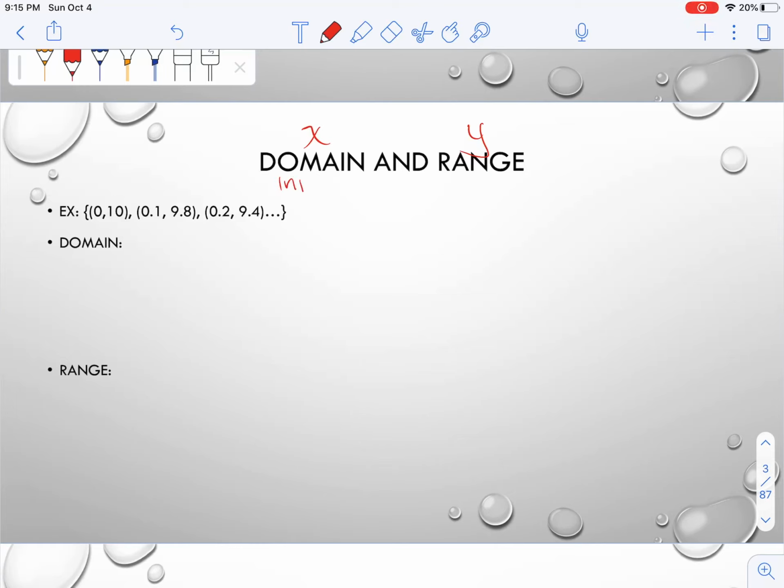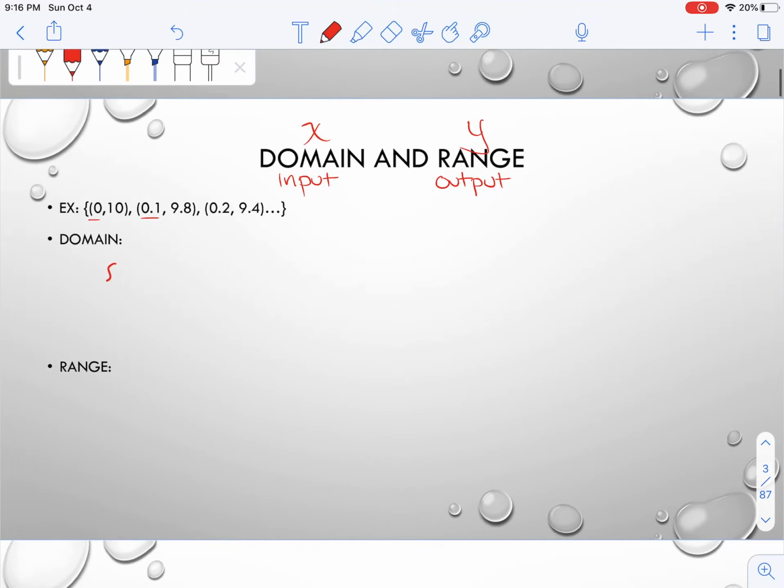Okay. So when we are looking at a set of ordered pairs like we have here, looking at the x values, for example, since I have explicit pairs written, I can't necessarily assume that every value between 0 and 0.1 is actually part of the domain. I have to go based on the values that are listed here.